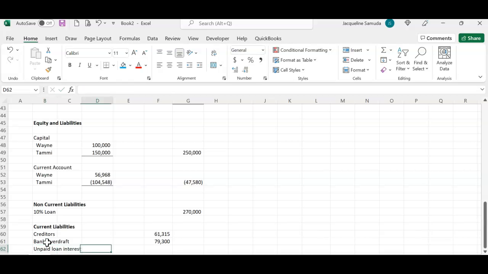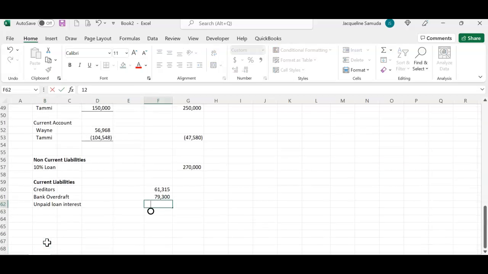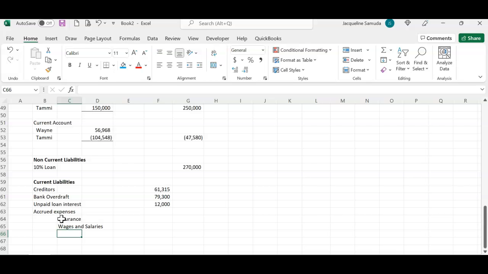We have our accrued expenses. That is expenses which were unpaid at the end of the year, but you had incurred them. Let me list it separately for you so you can track it. So we had insurance, which was owing, wages and salaries, that was owing, telephone, that was owing. So all of these, you're going to just lump them and put them as one figure.